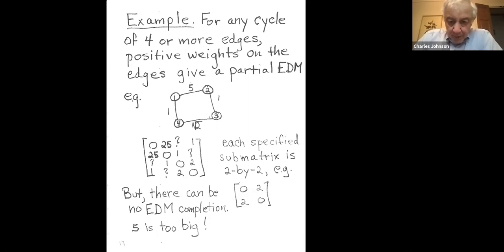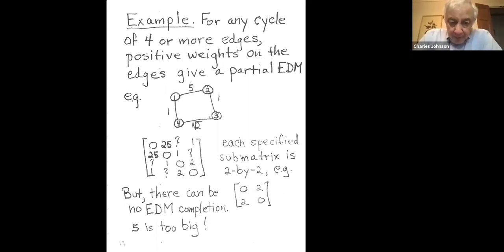So here's my partial EDM. Each fully specified submatrix is simply 2 by 2, has zeros on the diagonal, and has a positive number off the diagonal. So of course, each fully specified principal submatrix is a Euclidean distance matrix.